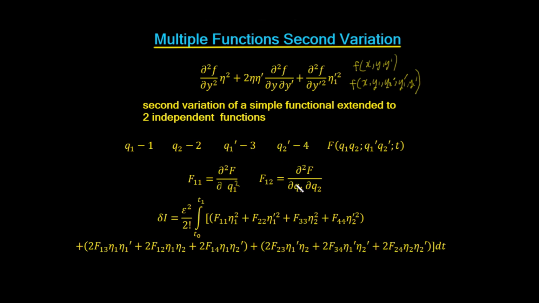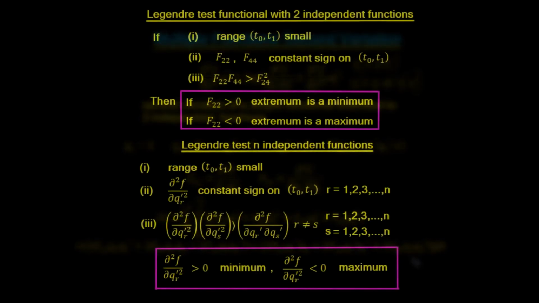As I said, you'll see the derivation in the appendix section, but the second variation of our more complicated functional is going to be of this form here. I'm not going to read it out, you can see it for yourself, and we're going to use this particular form. So let's continue with this on the next page.